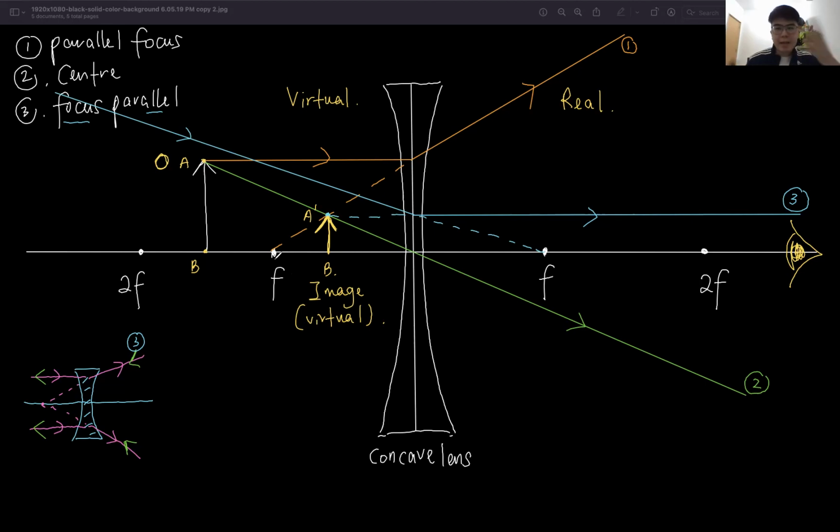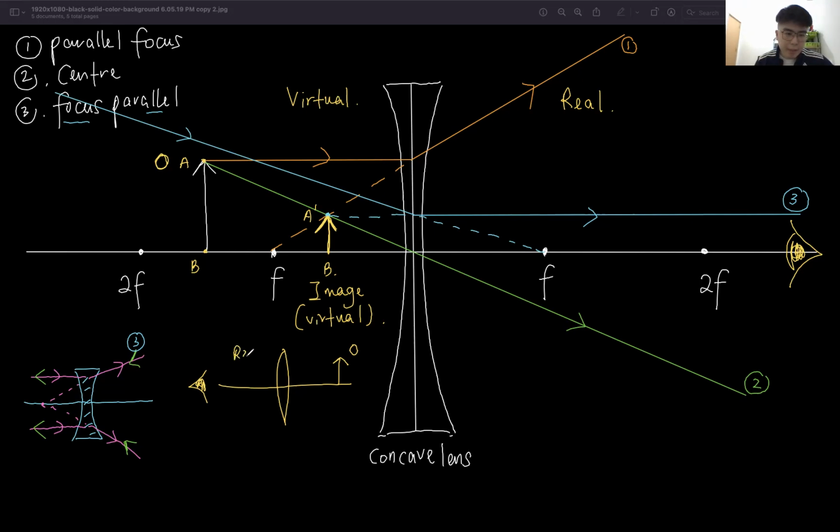Now, why don't we use left-hand side, right-hand side? Why don't we stick to, if it's left-hand side, then it's always virtual? You have to be careful with this one, because if I flip the whole thing, if I take the eye over here and my lens is over here, that means the object is over here. The left-hand side becomes the right-hand side. Then it changes, right? Where is the real region?